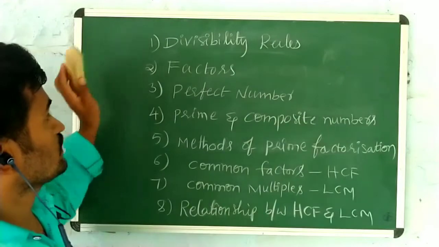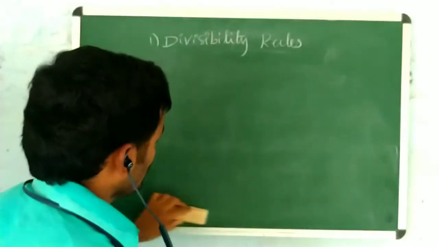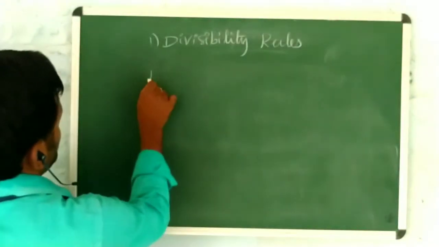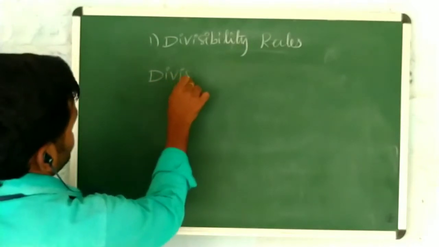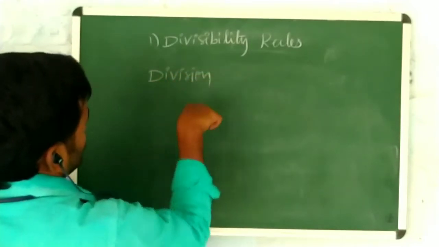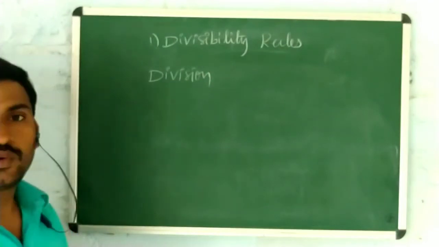Okay, next. See, the first one is divisibility rules. Actually we know division. What is division?